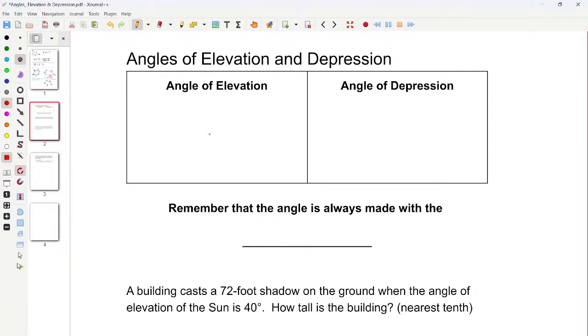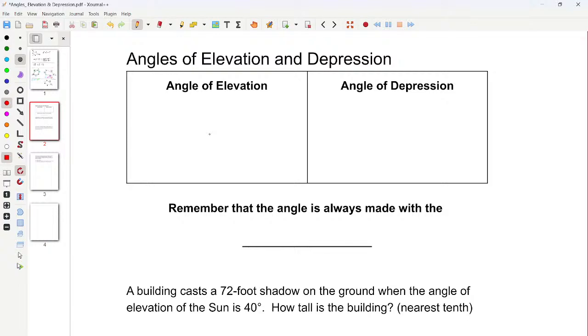Angles of elevation and depression are two commonly referred to vocab words or phrases that I think are like trigger phrases. So when I read them or I hear them, I instantly think I need to draw a picture.